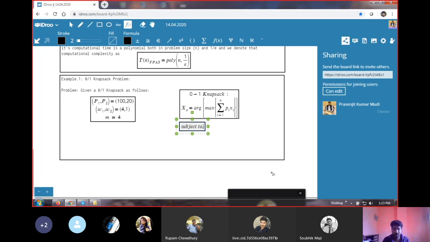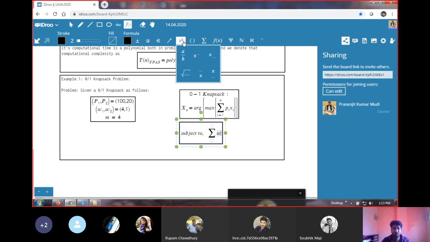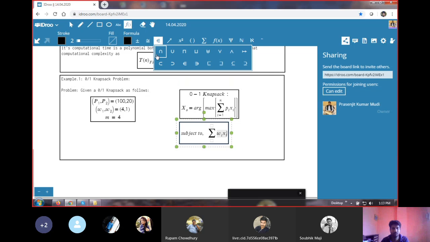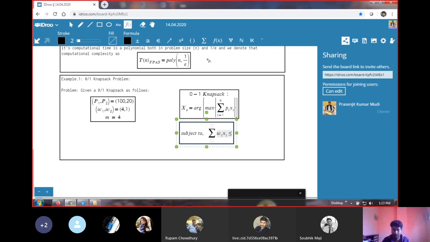subject to the following restrictions, which is summation of wi xi should be less than or equal to m, where i is equal to 1 to n, right?